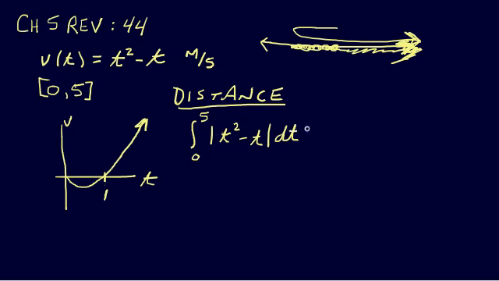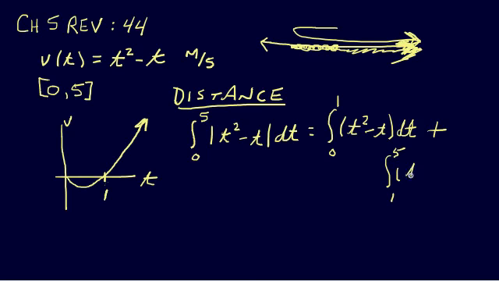But that's accomplished by breaking the integral into two parts: 0 to 1 of t squared minus t dt, plus the integral from 1 to 5 of t squared minus t dt.